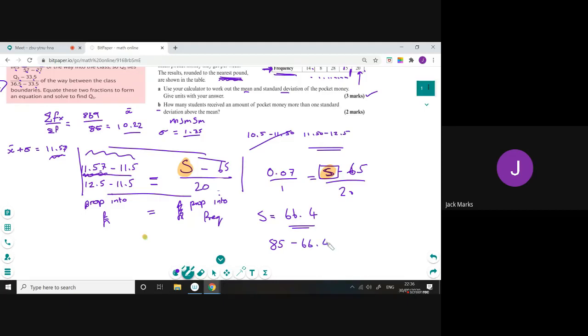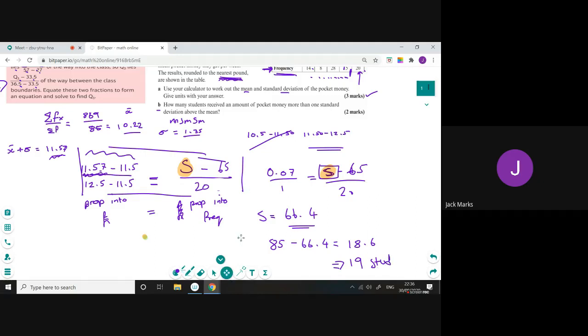Your answer for that one is going to be 18.6. So there are 18.6 students who are above this magic point, and we can round it and say that this is 19 students.